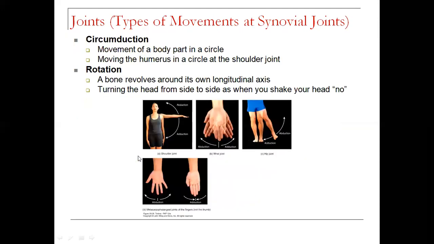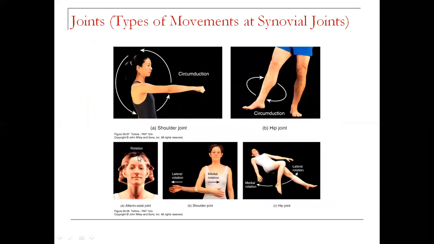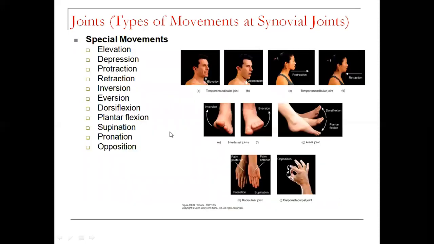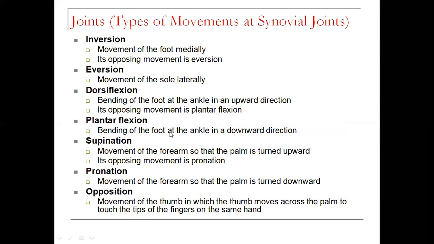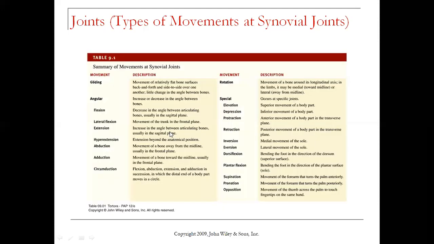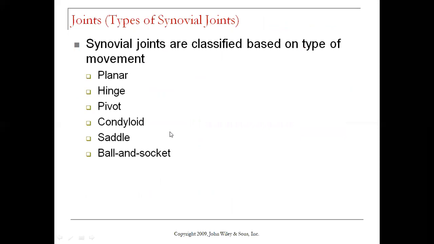Here you can see the movements. Now, synovial joints are classified based on the type of movement, like planar, hinge, pivot, condyloid, saddle, ball and socket.